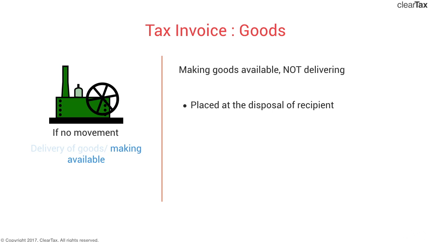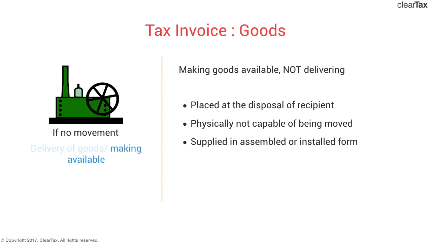The factory where the machine is set up is made open for the recipient to come and use his machine, where it's physically not capable of being moved. This is the situation. The machinery is fixed in the factory. It's not physically capable of moving. It is supplied in assembled or installed form.